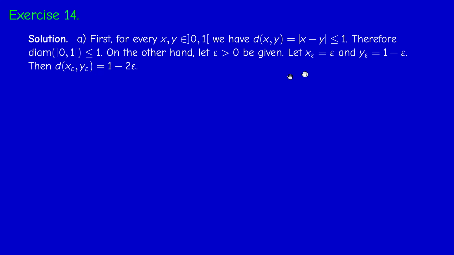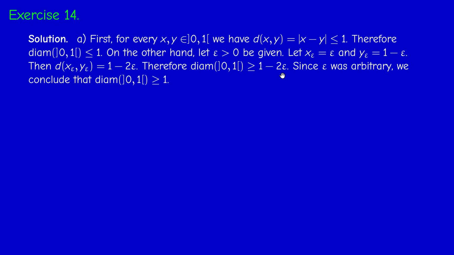Therefore the distance between x epsilon and y epsilon is 1 minus 2 epsilon, provided epsilon is less than 1/2. But the diameter of (0, 1) is bigger or equal than this quantity, so it's bigger or equal than 1 minus 2 epsilon. Since epsilon was arbitrary, we conclude that the diameter is bigger or equal than 1. So we have a double inequality and therefore equality.